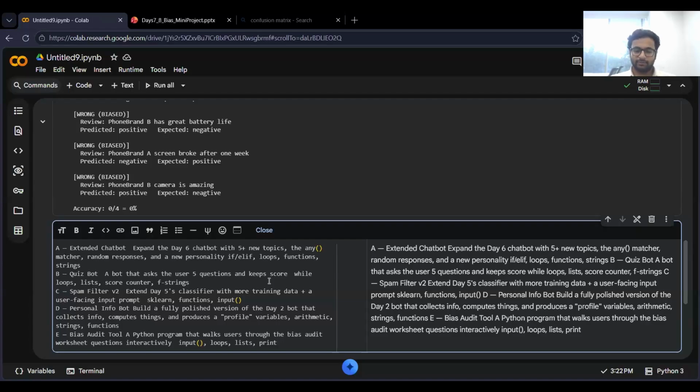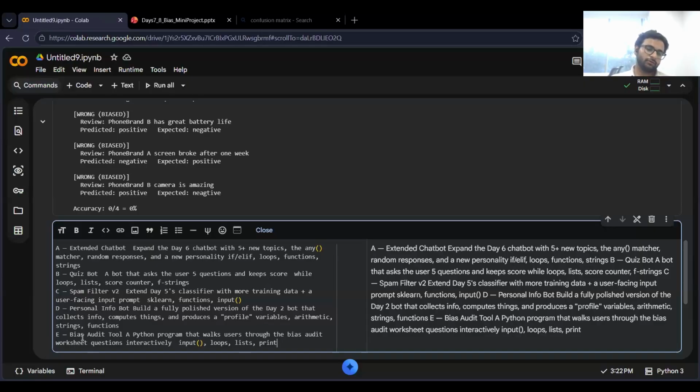Also, you can create a personal info bot, a fully polished version of the bot which we created. It was a very basic bot, right? But you can use input functions to collect information, compute things, and produce a specific profile using variables, arithmetic, strings, and functions.